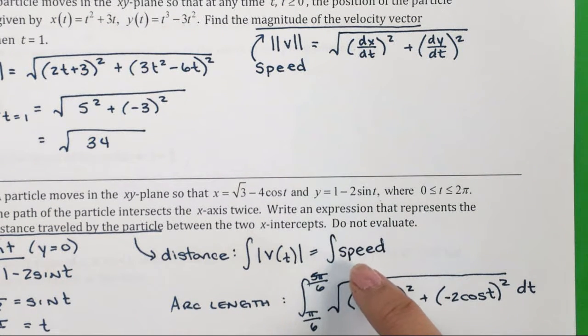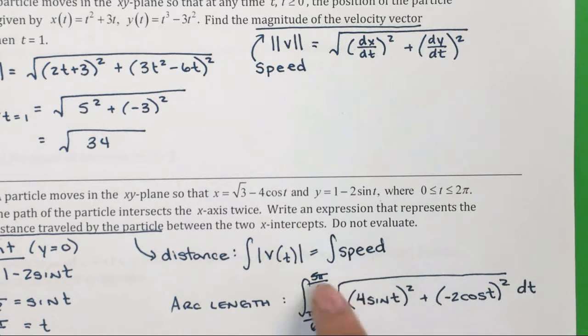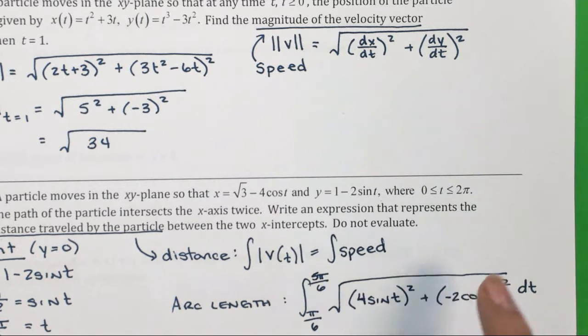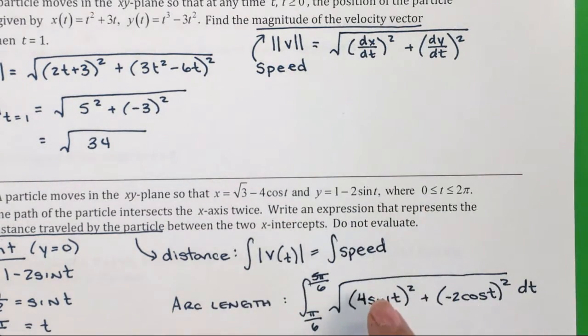So when you're finding speed or distance traveled in parametric form, you use the speed equation for parametrics. That's how I sometimes associate it. I think, distance is the integral of the absolute value of velocity, but velocity in parametric form is a magnitude, so I have to use this formula instead of just the absolute value of velocity.